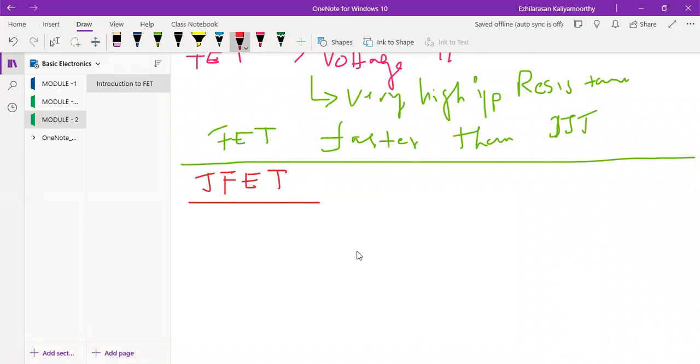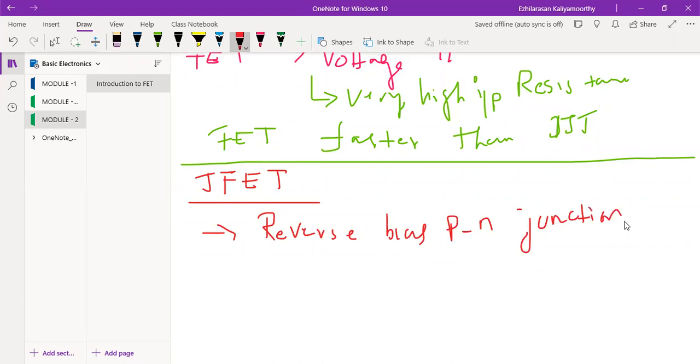It is a type of FET that operates with a reverse biased PN junction to control the current in a channel. Very, very important: it operates in a reverse bias PN junction to control the current in a channel.